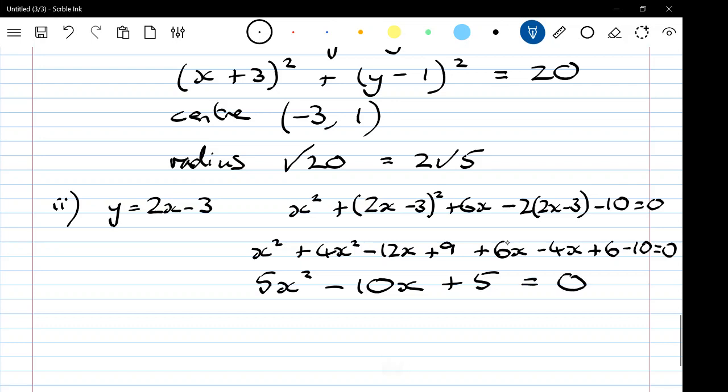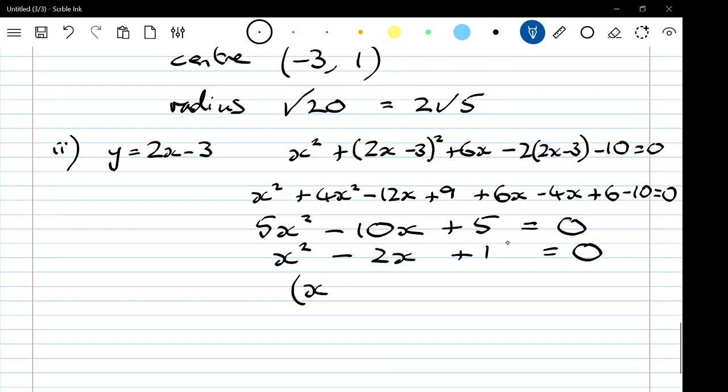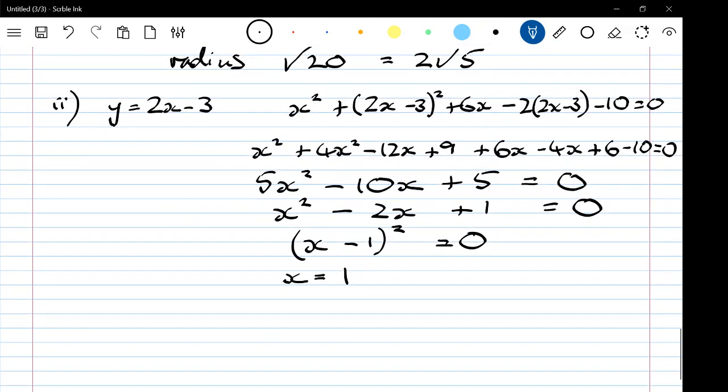So actually we've ended up with x squared minus 2x plus 1 as our quadratic, and that's a lovely quadratic because that is x minus 1 all squared, so x equals 1. The question said find the coordinates, so we need to find the y value that goes with it. Y is 2 lots of 1 minus 3. Makes much more sense to put it into the straight line than into the circle to find out that value, so that is minus 1.